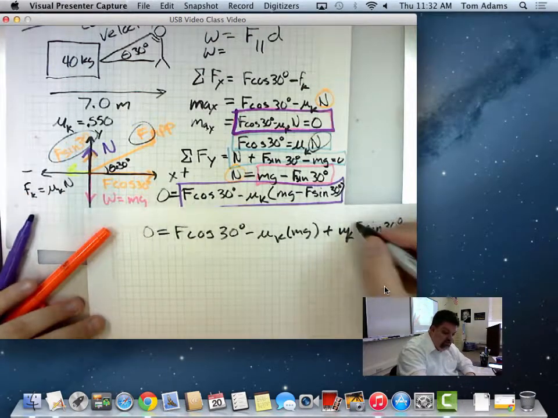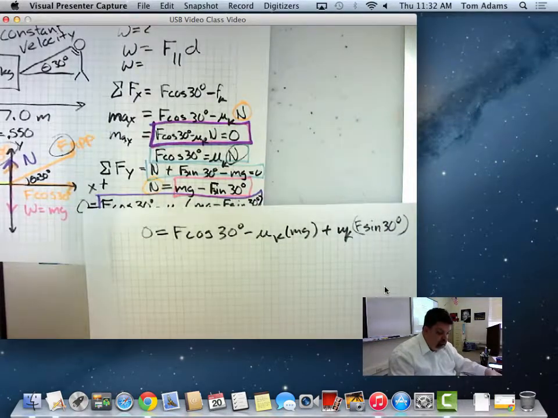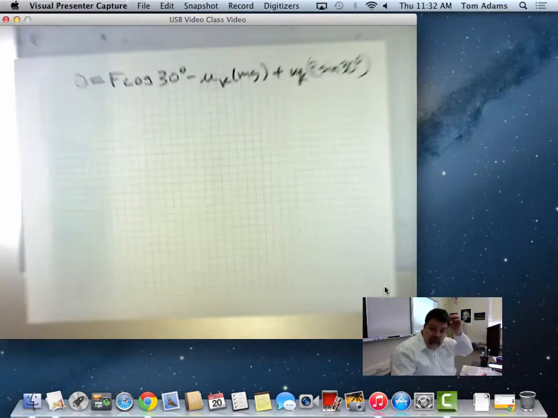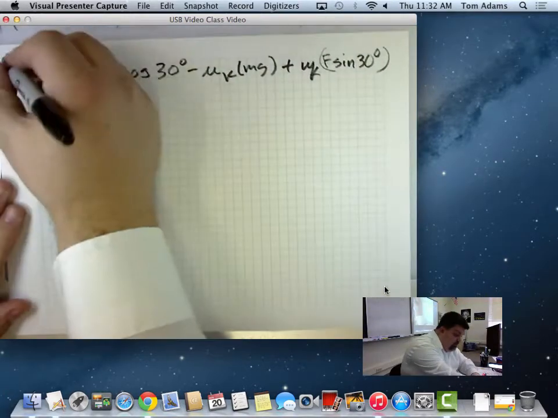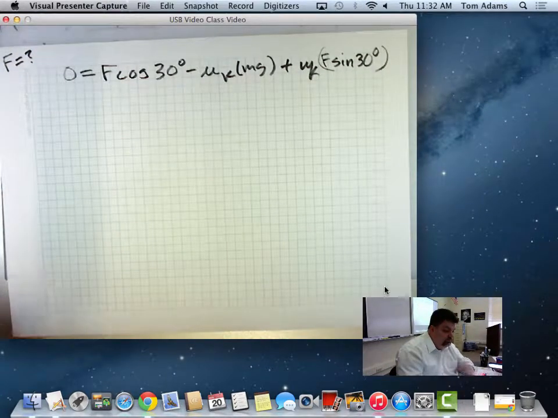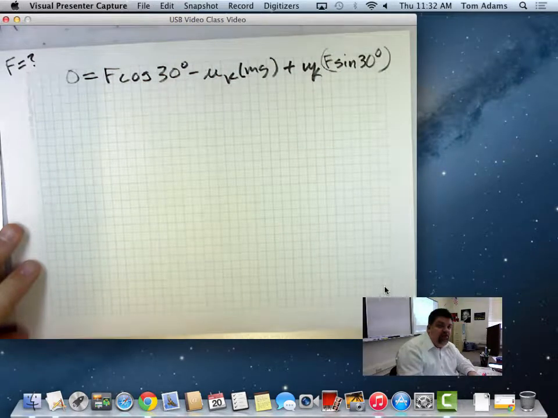You guys with me so far on this? Do you see what I've done so far? So now the next step is to do what? Remember, I'm trying to figure out what F is. So I gotta get all the terms with F on one side and all the other terms on the other.